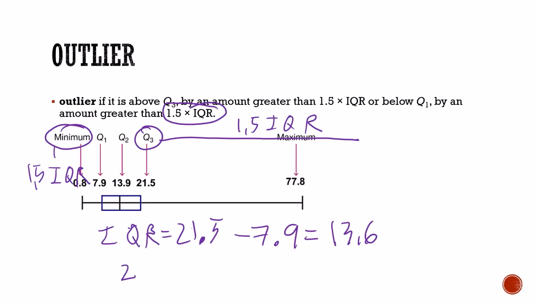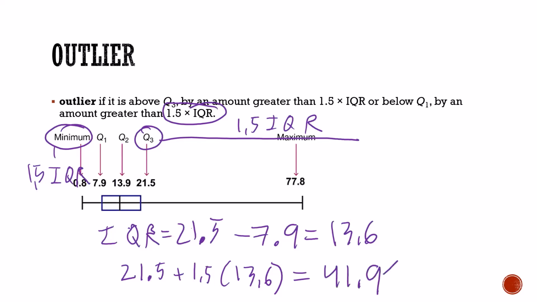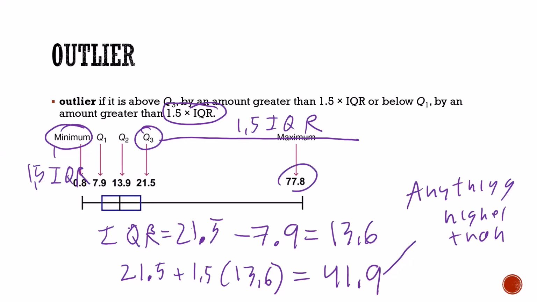So if I took Q3 and added 1.5 times that, anything higher than 41.9 would be considered an outlier. So our maximum here is definitely an example of an outlier.